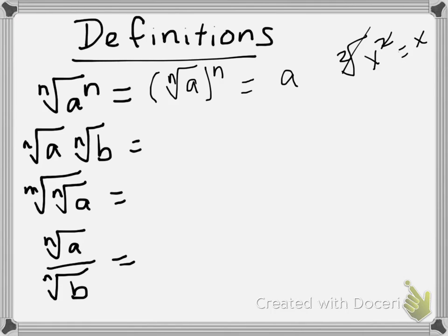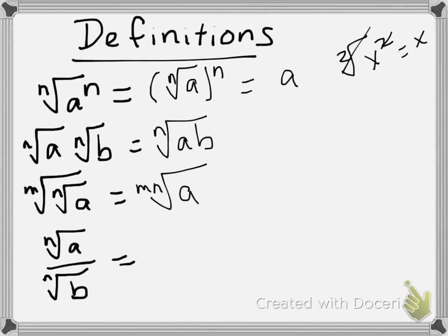Look below, we have the nth root of a times the nth root of b. We can rewrite this as the nth root of a times b. We also have the mth root of the nth root of a. We can rewrite this where we're just multiplying the orders together, so the m times n root of a.